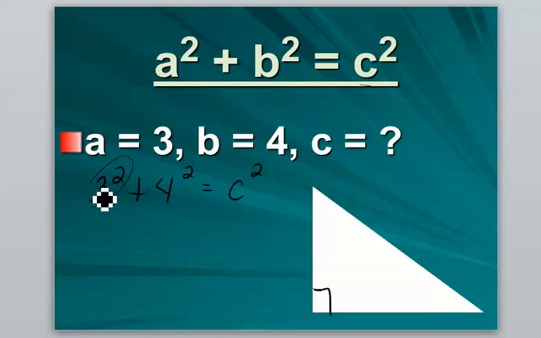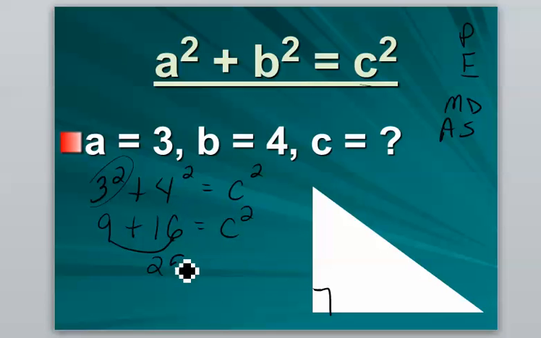When we think about our order of operations, we do anything inside parentheses, exponents, multiplication and division left to right, then addition and subtraction left to right. So we need to do our exponents first. 3 squared means we're doing 3 times 3, which is 9. 4 squared is 4 times 4, which is 16, equals c squared. 9 plus 16 is 25.